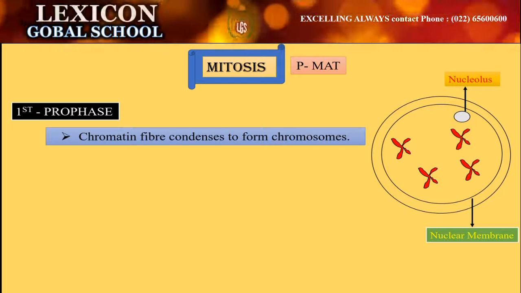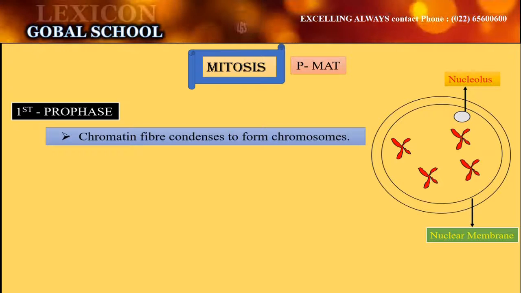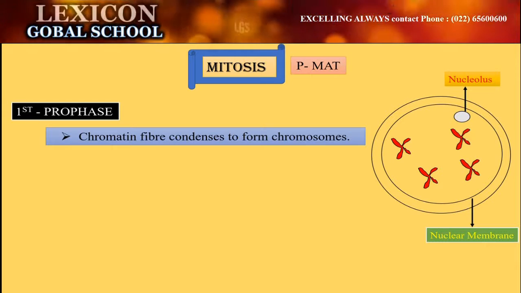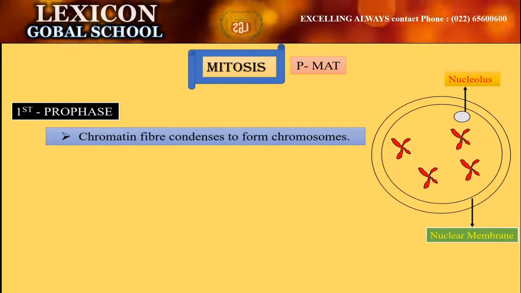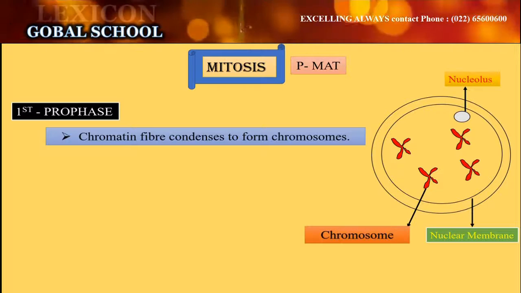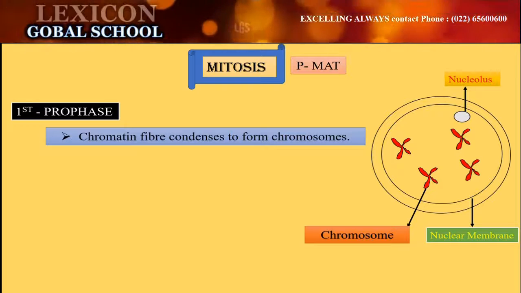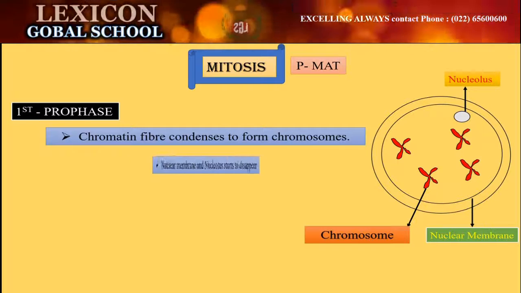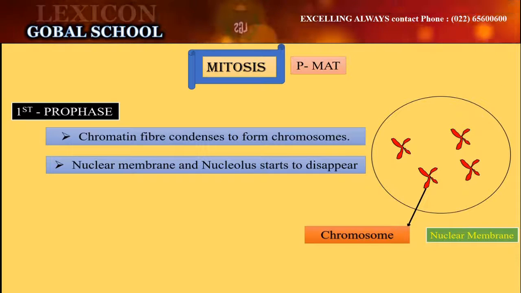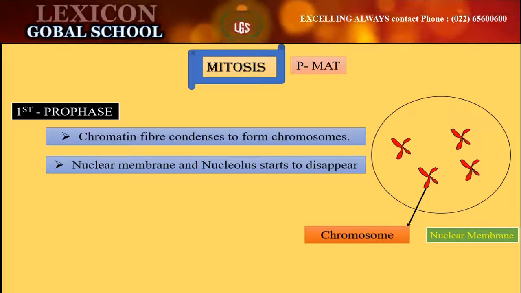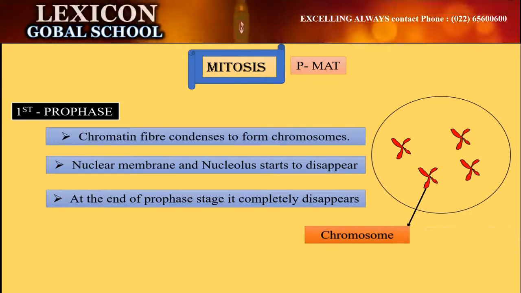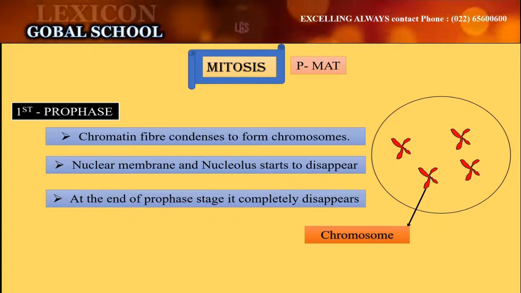The entire chromatin fiber will condense itself to form chromosomes. As prophase goes on, slowly and steadily the nucleolus and the nuclear membrane will start to disappear. When they completely disappear, the prophase stage is completed.